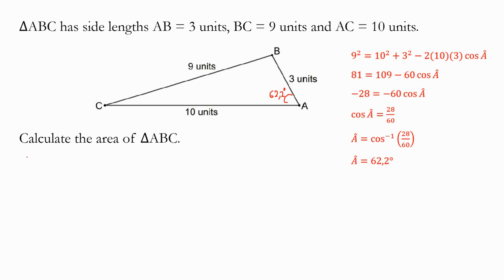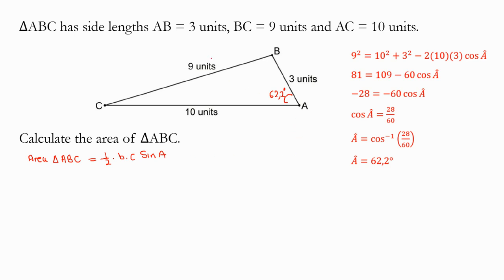Let's just do that. So area of triangle ABC, okay, it is equal to half, right, half what? Half BC sine A. Remember that.